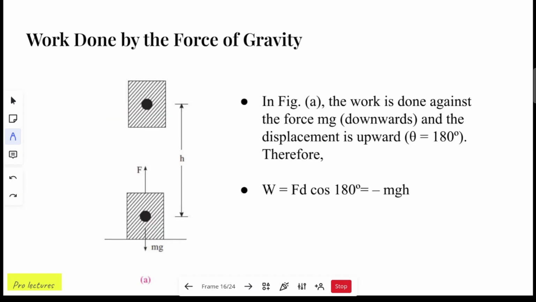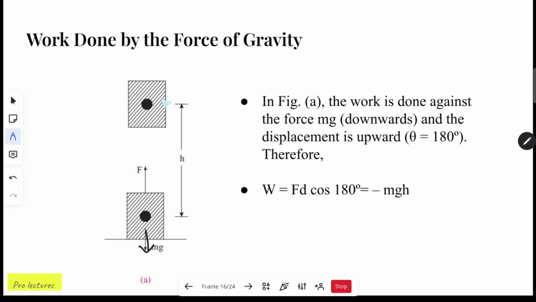Now let's see about work done by the force of gravity. Suppose this mass m is being lifted to a height h. The weight of this object is mg. The work is done against the force mg, that is, the weight is in this direction.